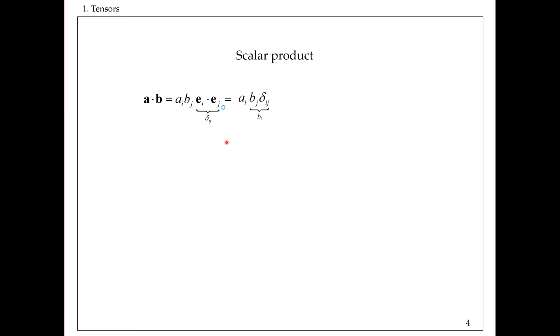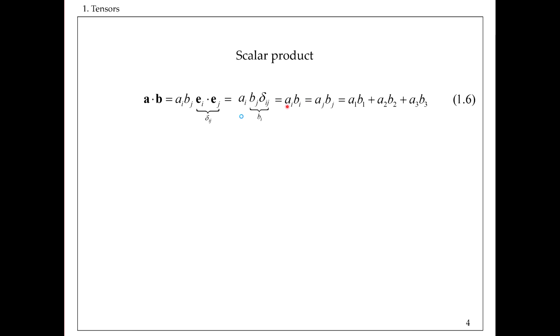And we can look into how it happens again. This comes to the property of delta, that it is only 1 when i equals j, and will be 0 otherwise. So then we can replace b_j with b_i.